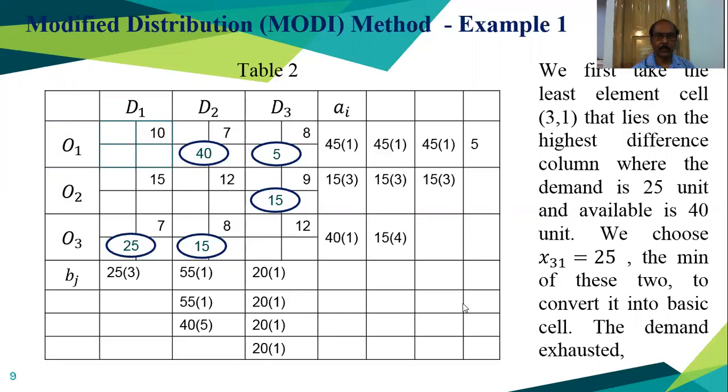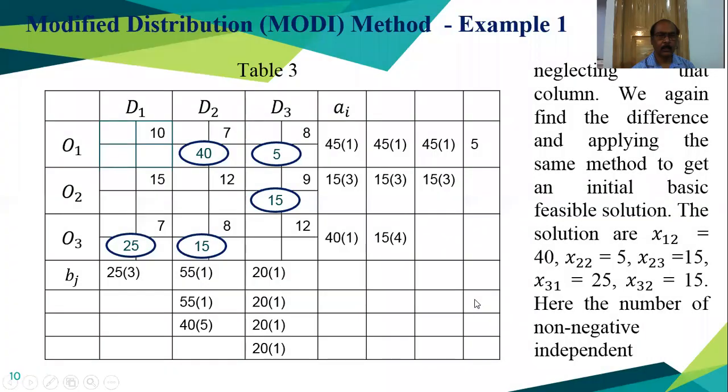Already I discussed all the things. So in this case, what are our allocations? x12 is equal to 40, x13 is equal to 5, x23 is equal to 15, x31 is equal to 25, x32 is equal to 15.